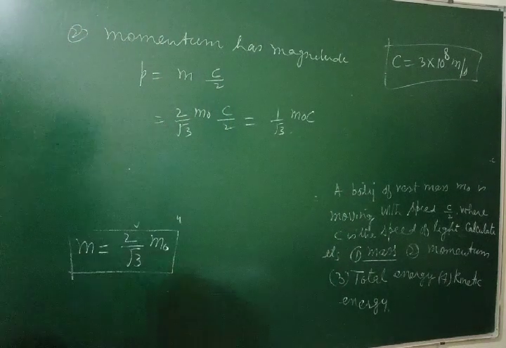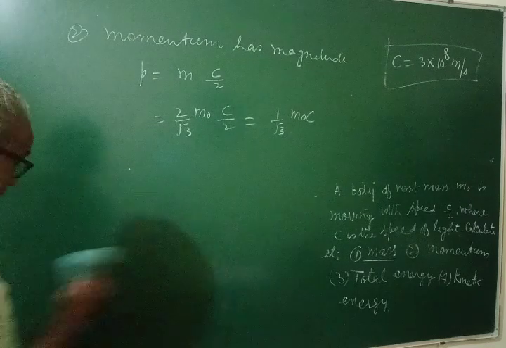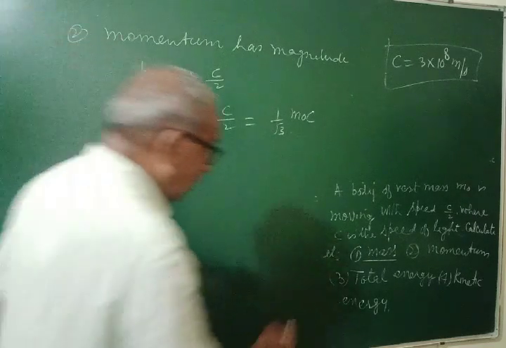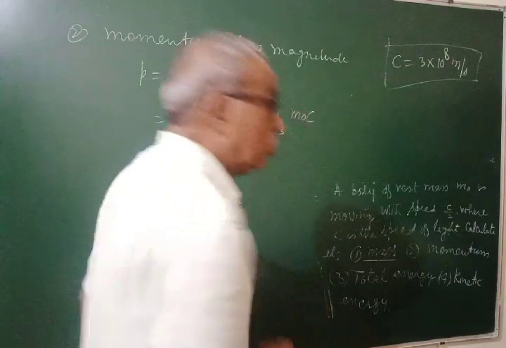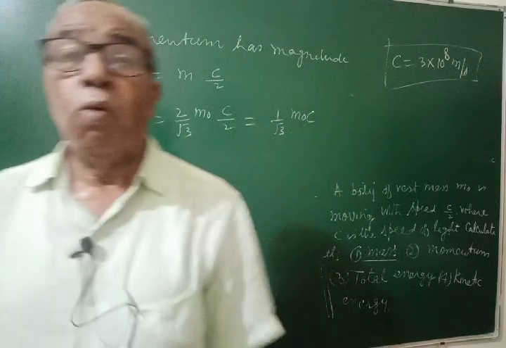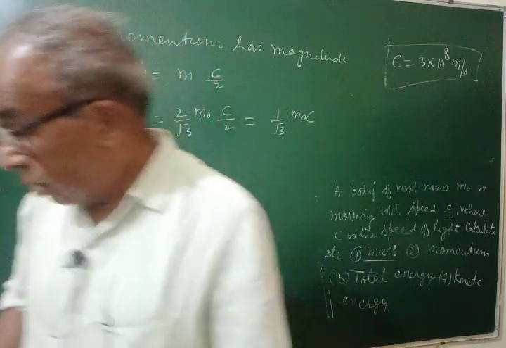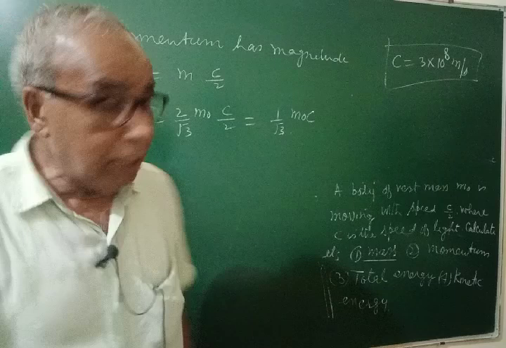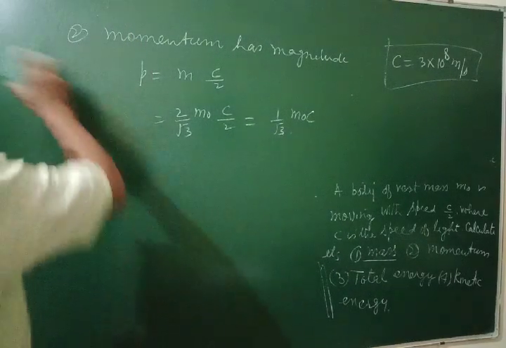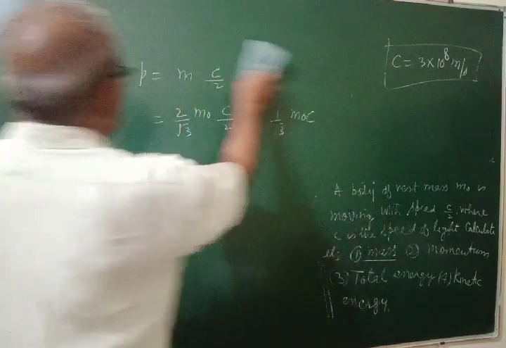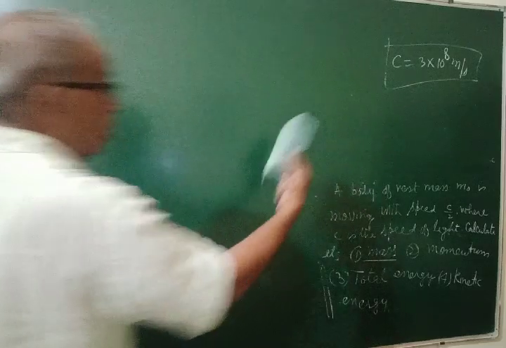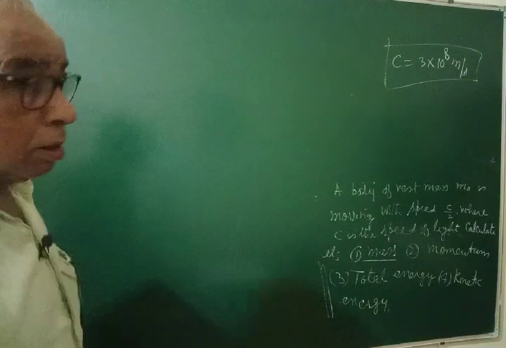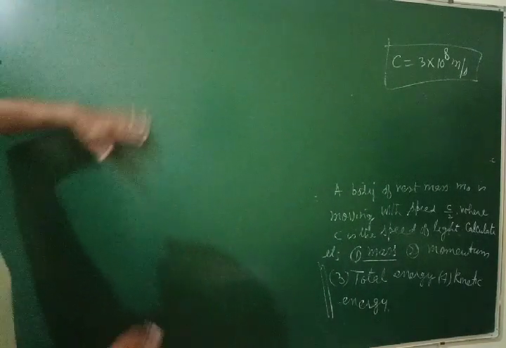Now momentum is done, then total energy. This is an important point here, for which I want to explain. When an object is moving with tremendous speed, then total energy will be the energy equivalent to its mass m.